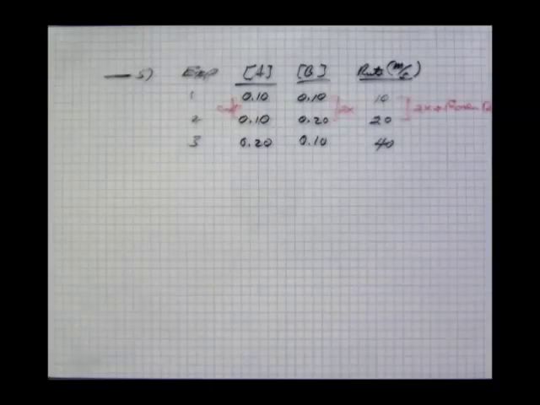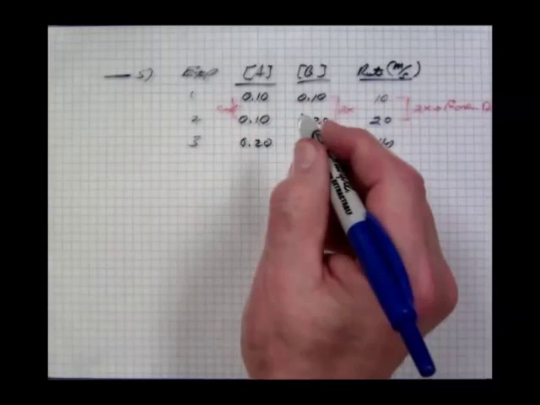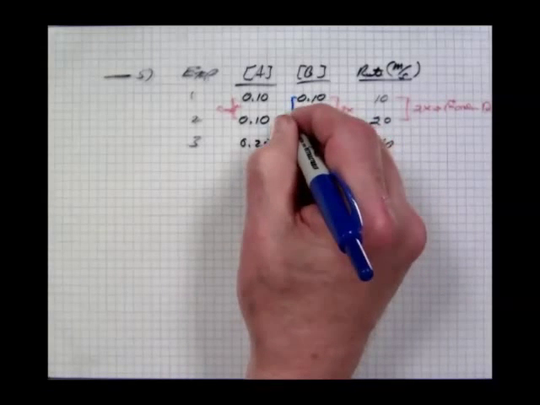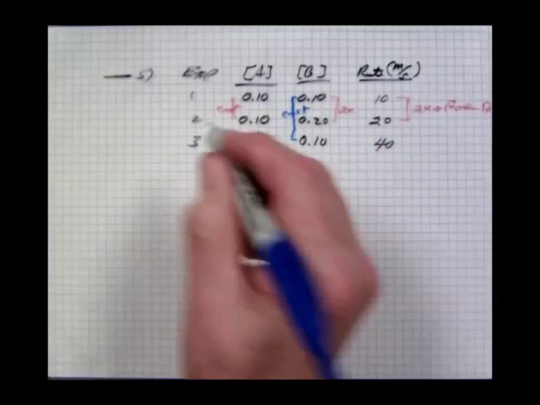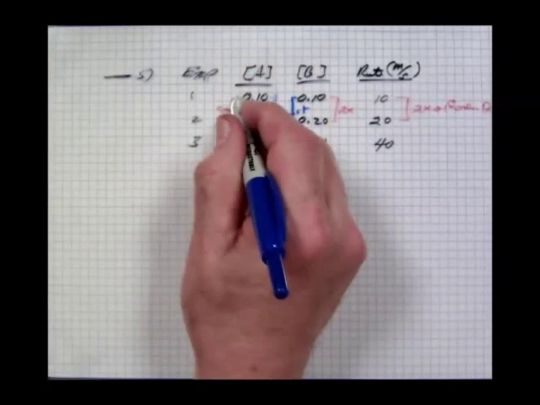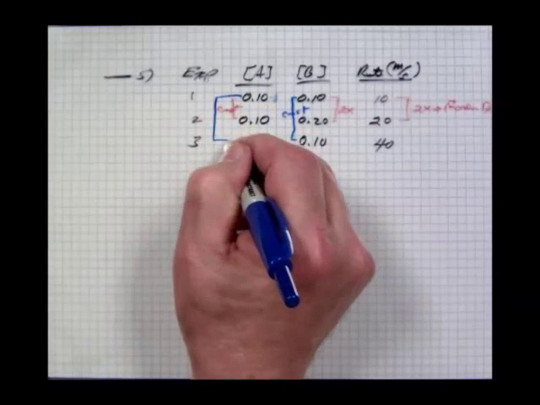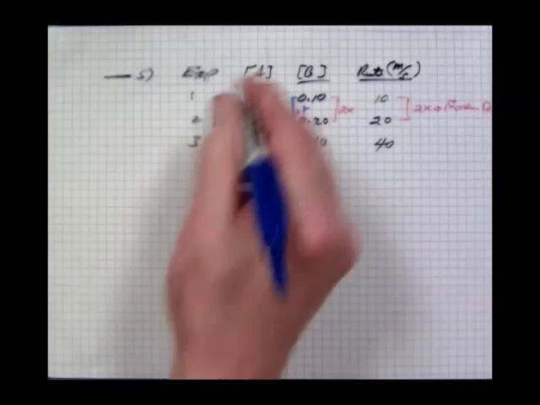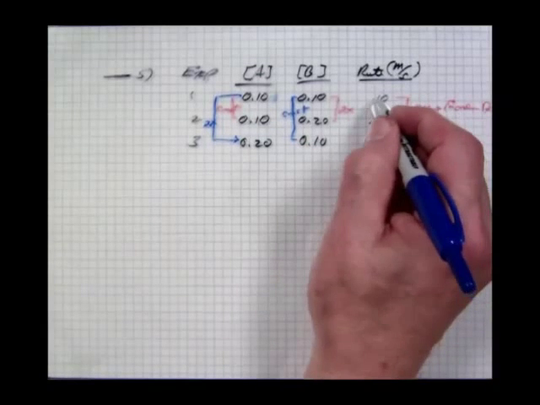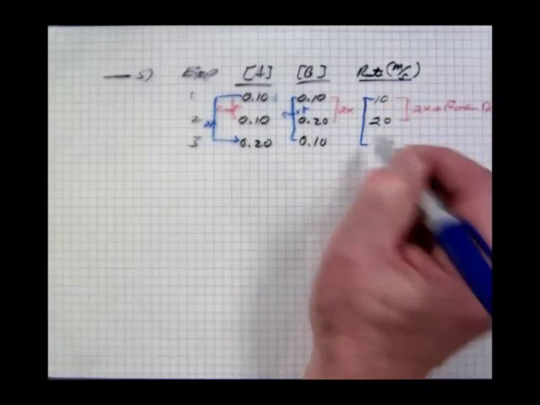That's why you're going from empirical to numerical. Now we hold B constant and vary A right here, and then we observe what happens.